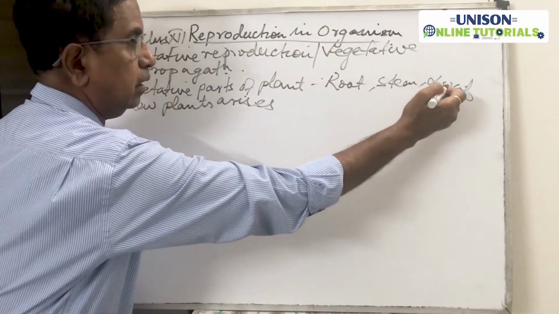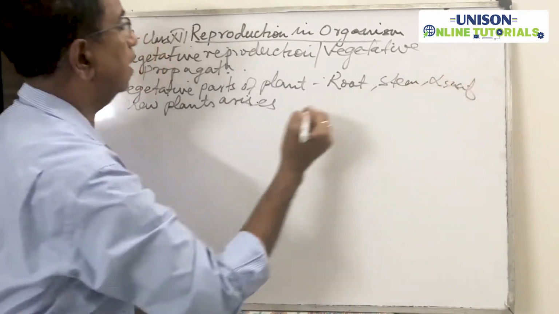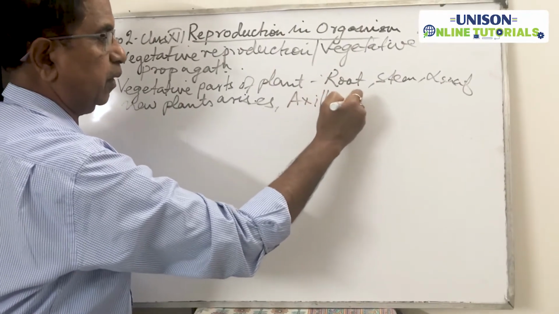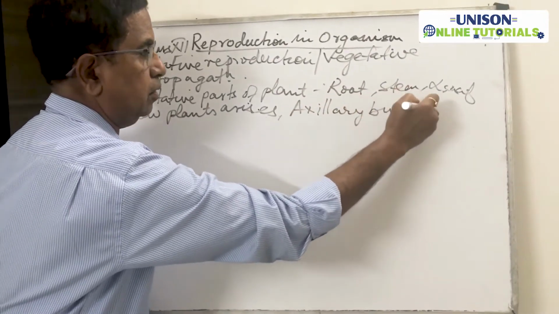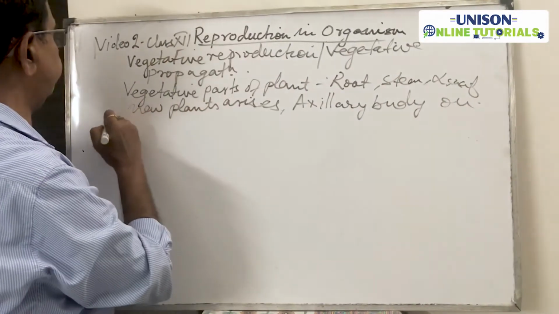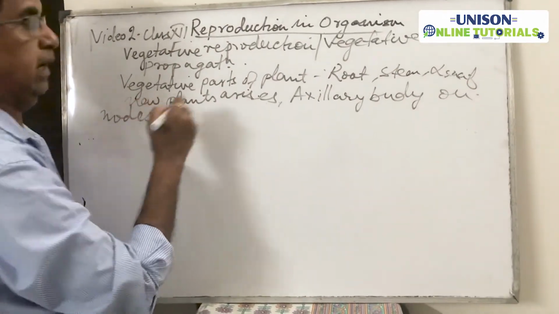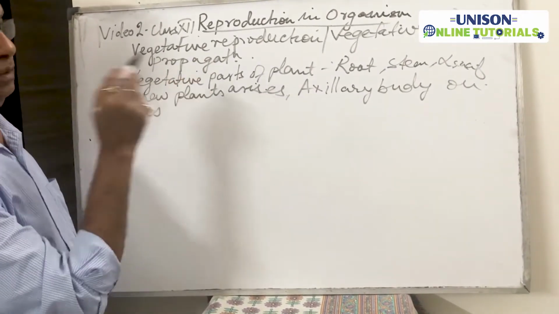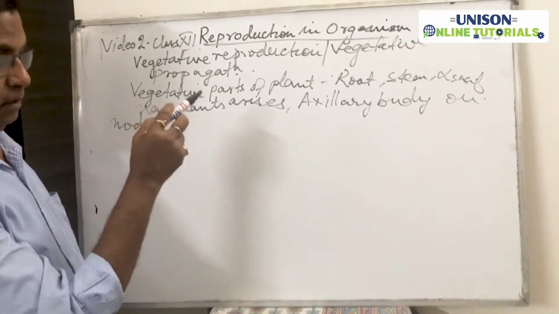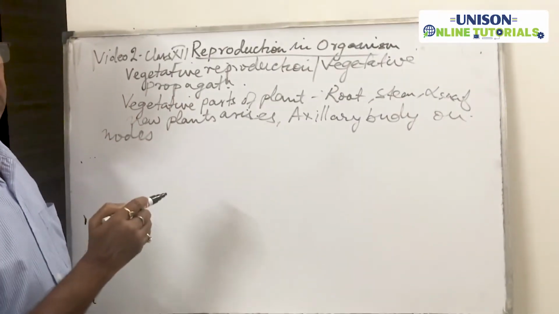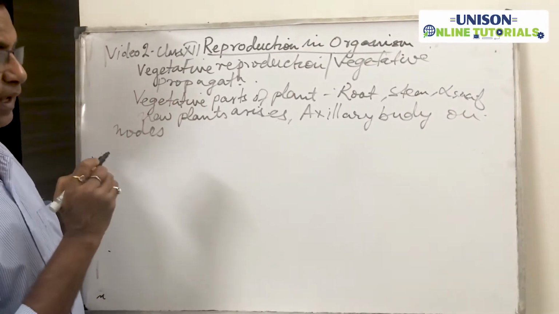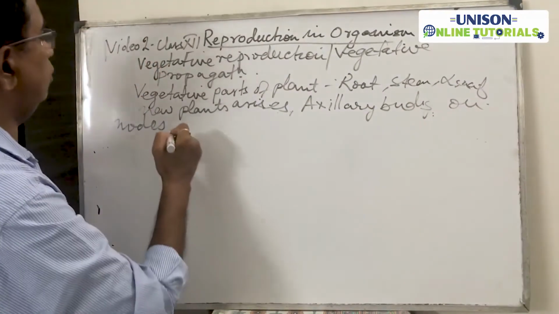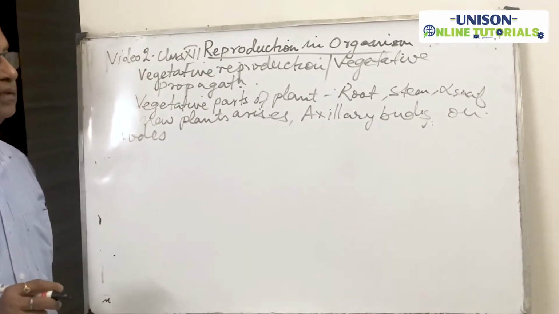See, there are axillary buds present on the nodes of the stem, and adventitious buds on the root and leaf, and from the axillary buds the new plants arise. So this is known as vegetative reproduction.